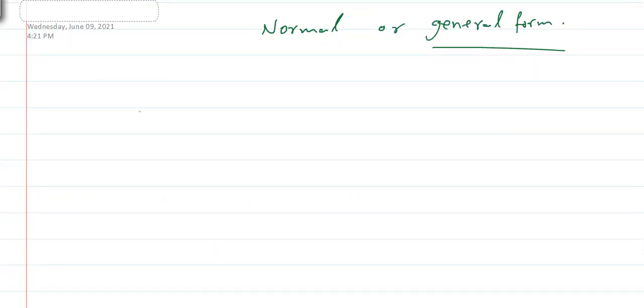Okay, right now it's your time. I'm writing a few examples that you have to write in the standard form. Take your notebooks and start with me. Example number 1 is 0.007.